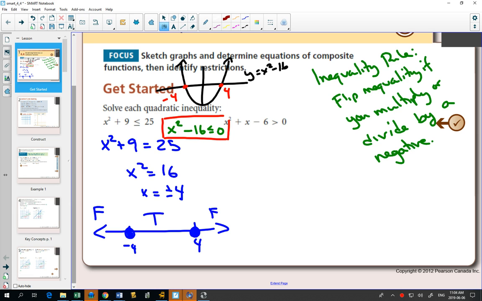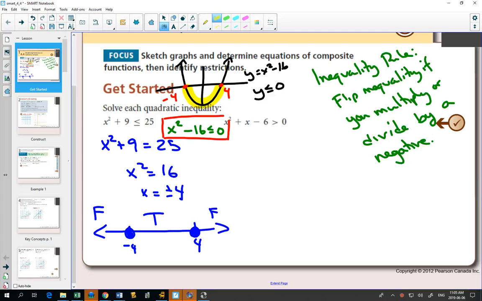If we're trying to solve where x squared minus 16 is less than 0, graphically that's really looking at where y is less than or equal to 0. Can you see from the graph that that's only true here, between negative 4 and 4? It's not true when x is less than negative 4. It's not true when x is bigger than positive 4.